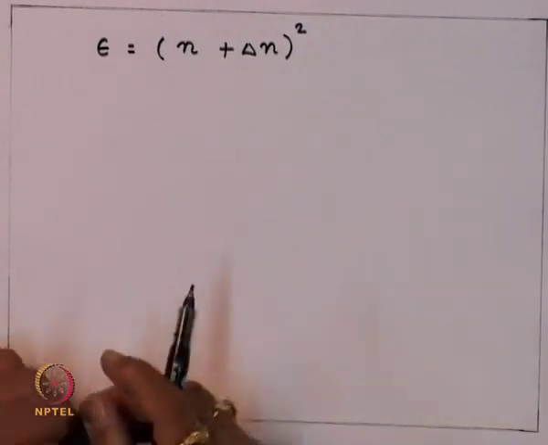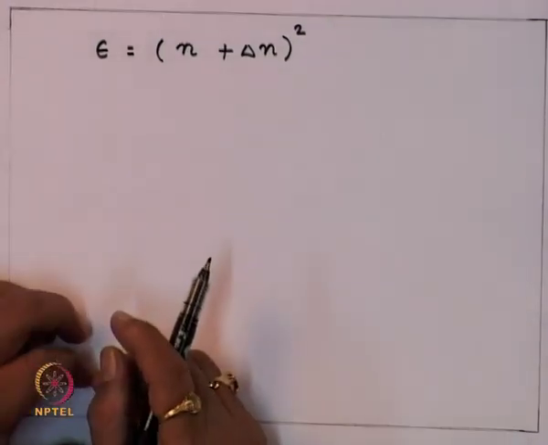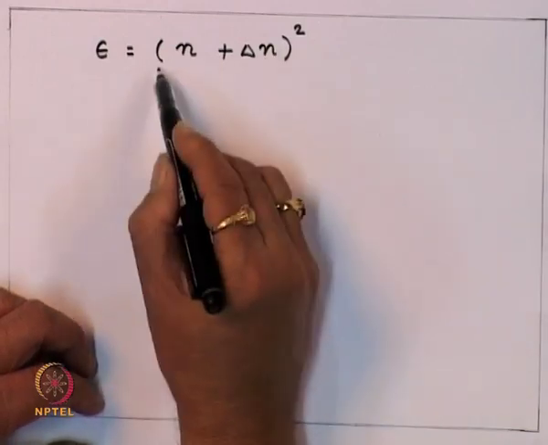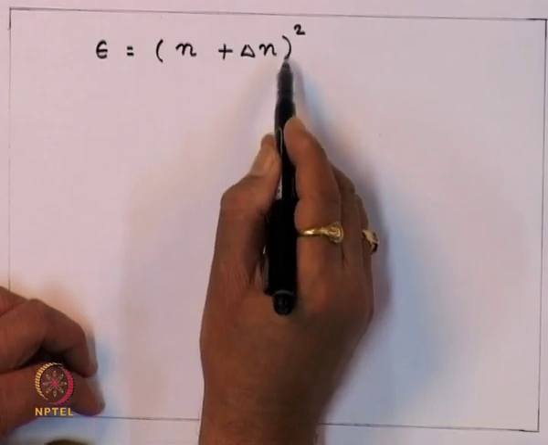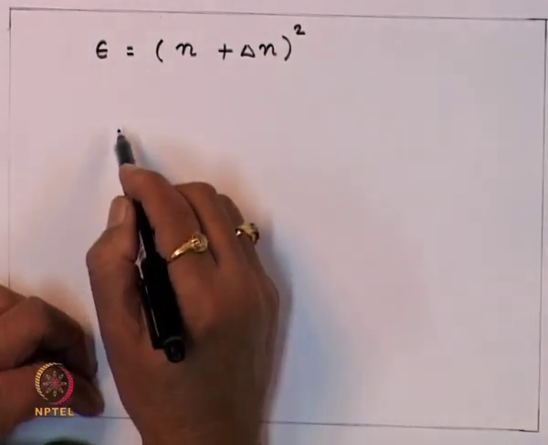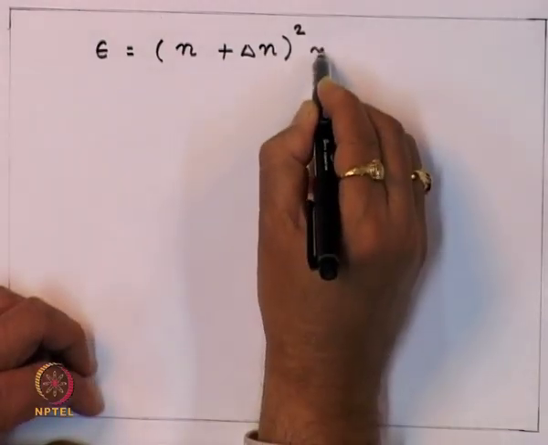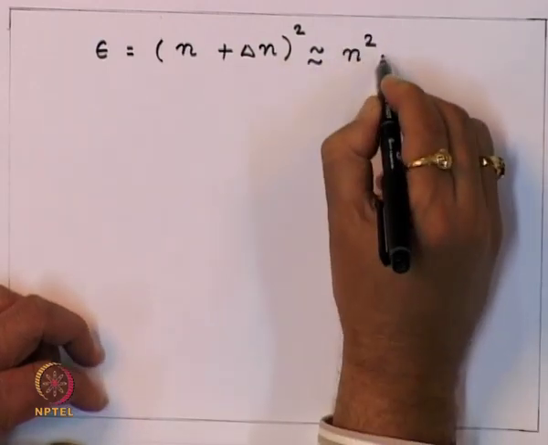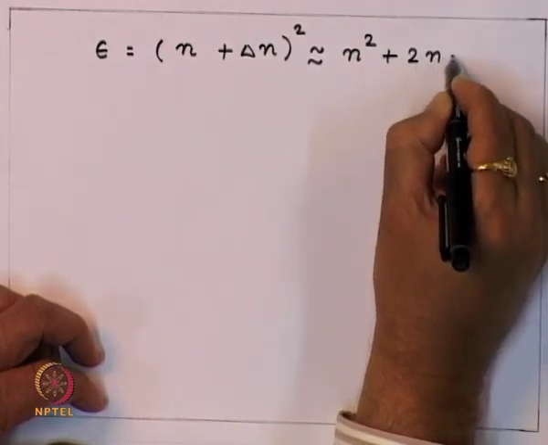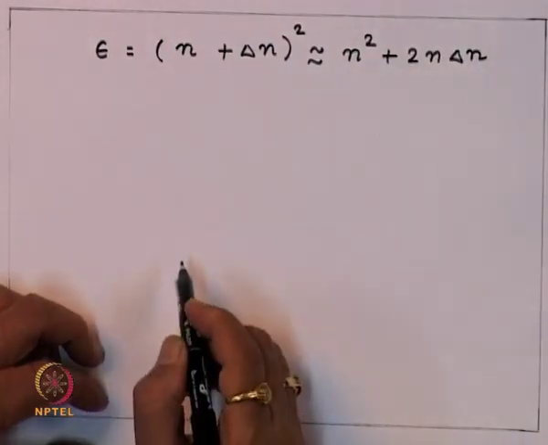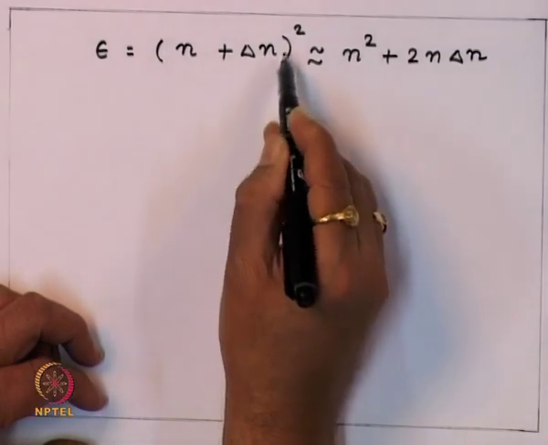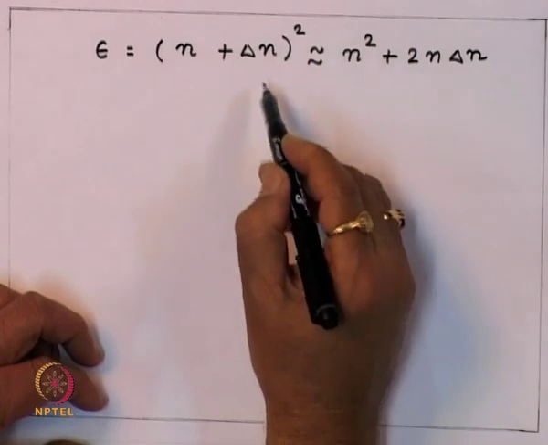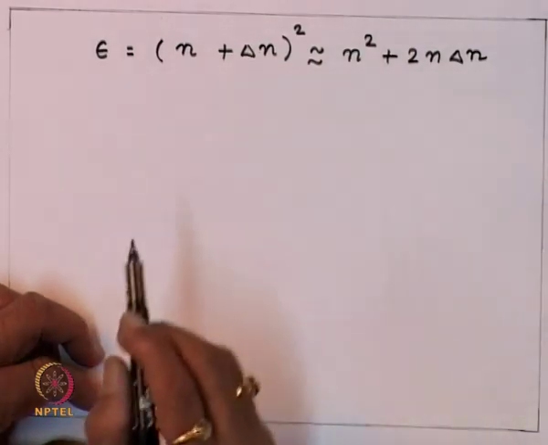Yes, we know from our very basic relation that epsilon is equal to the refractive index square. So, this one we can approximately say is equal to n square plus 2 n delta n. Here again we are assuming that this delta n term is negligibly small, so the second order terms can be neglected, and we retain only the first order term of delta n.